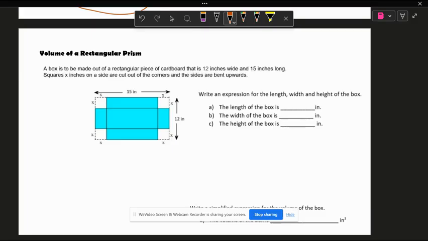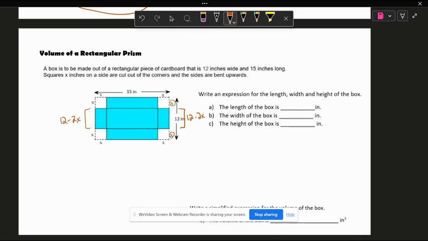So our new dimensions are going to be taking out these x's. So this side, where it was 12, well, we took off an x, we took off another x. So this little part is 12 minus 2x, as is this, since it's a rectangle.